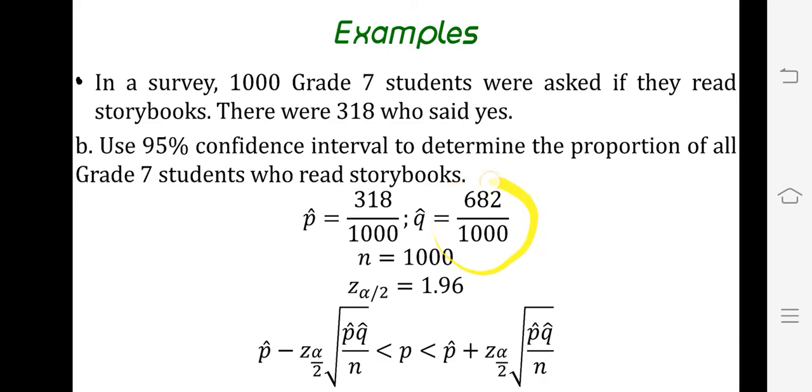Q hat here is 682 over 1,000, based on what we have in letter A. N, as we all know, is 1,000, according to the 1,000 grade 7 students. And since we want a 95% level of confidence, the value of z is 1.96. Now, this is the formula.